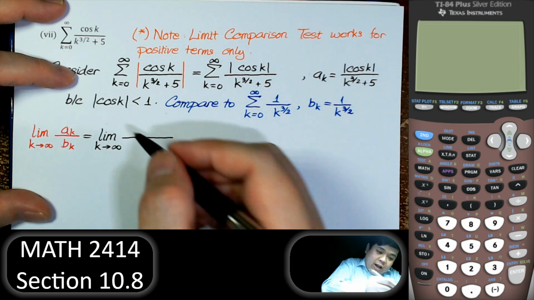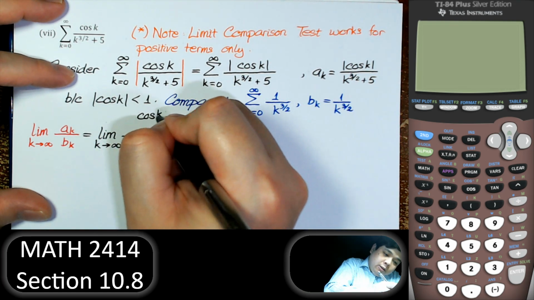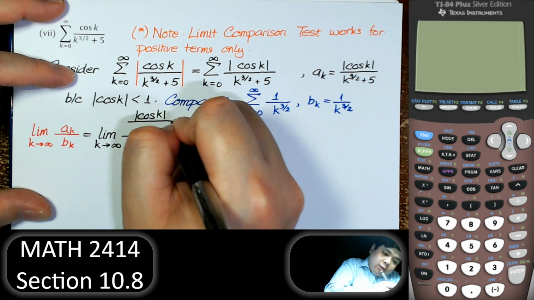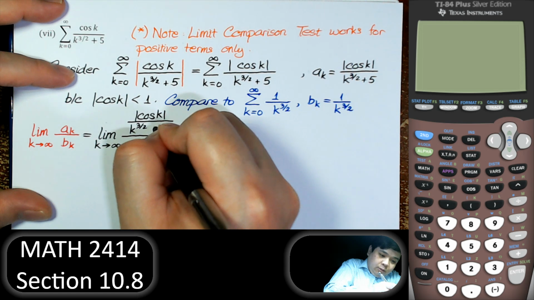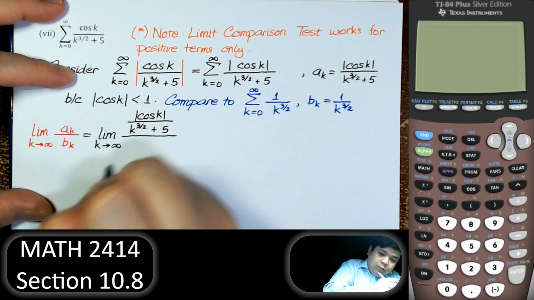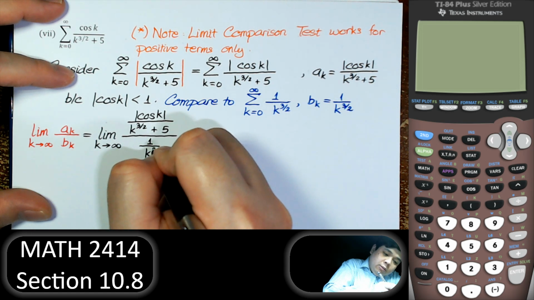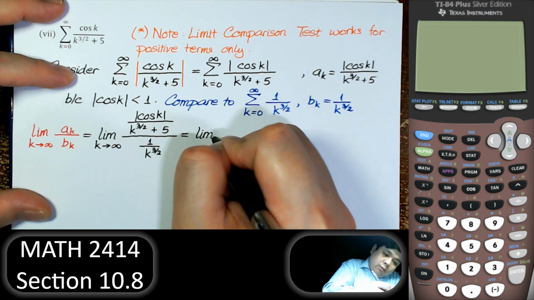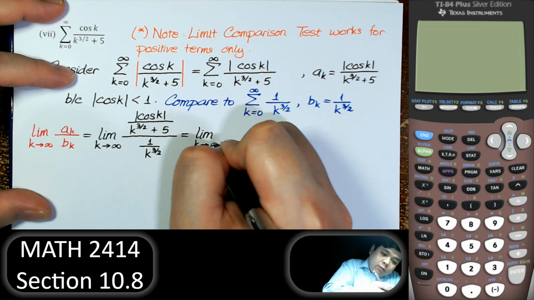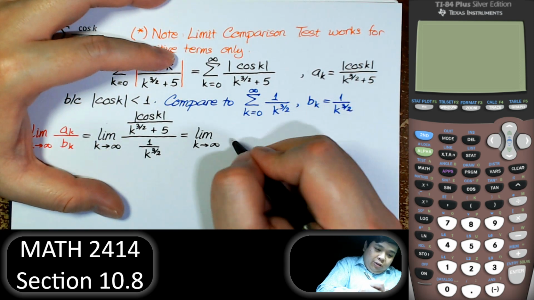A sub k divided by b sub k: dividing a fraction is multiplying by the reciprocal.